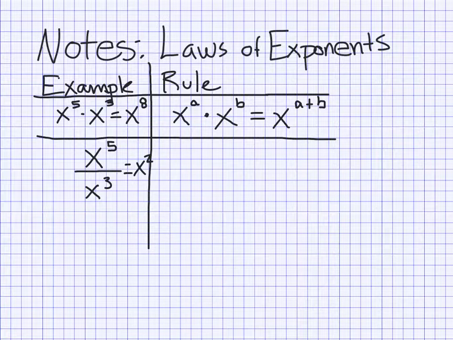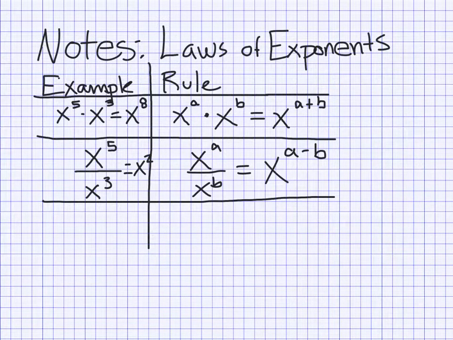So let's write that out with algebra. Let's say we have x to the a over x to the b. What's the pattern? What always happens? Write it down now. All right, hopefully you have x to the a minus b.